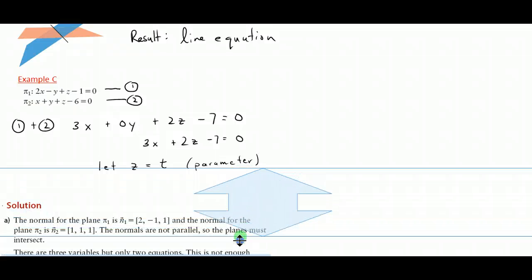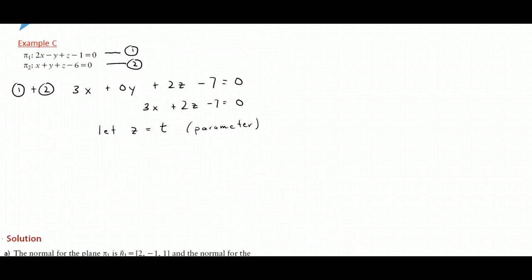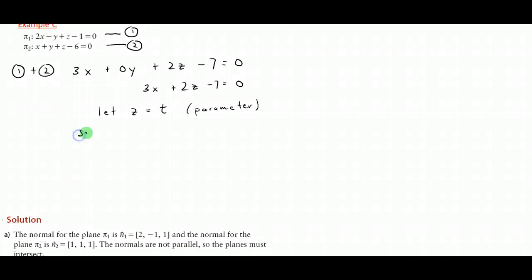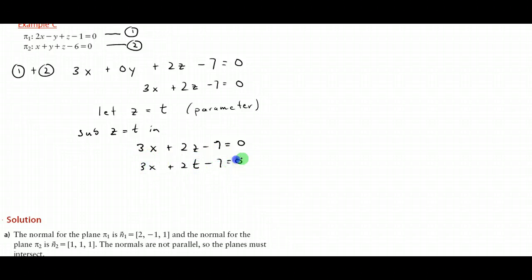So if z is equal to t, I can substitute z equal t into 3x plus 2z minus 7 equals 0. So I get 3x plus 2t minus 7 equals 0.